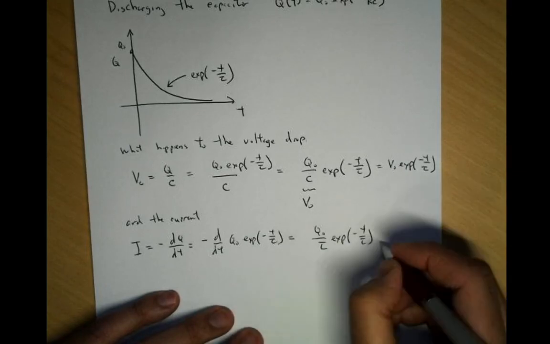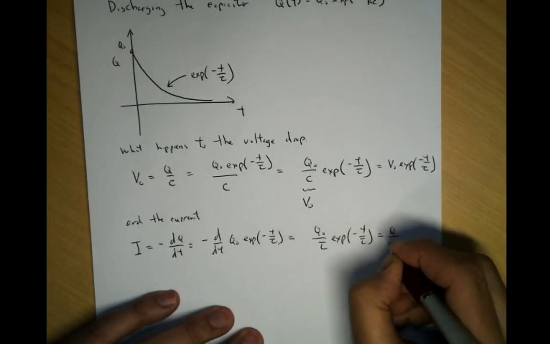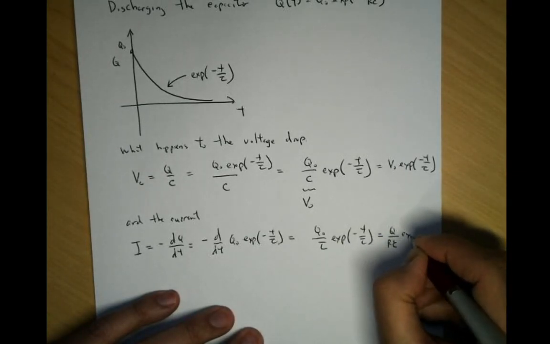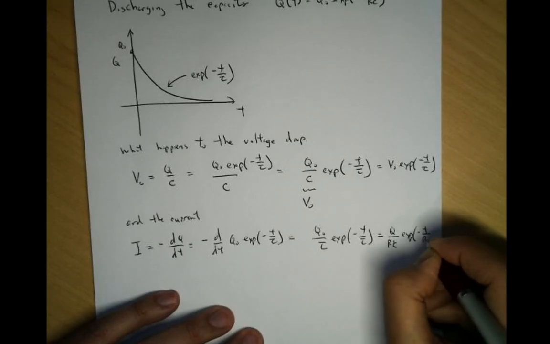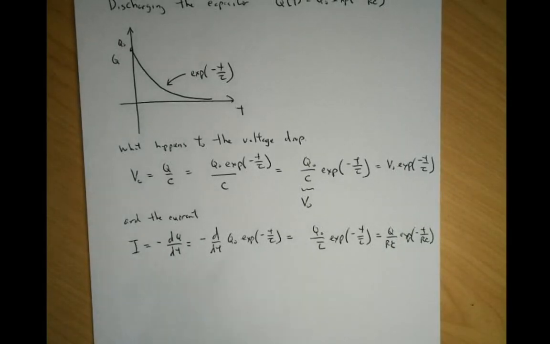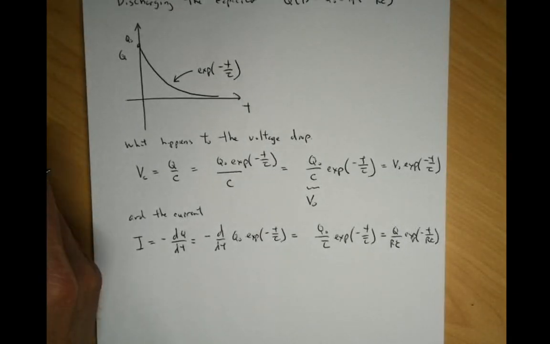Or equivalently, you could write this as Q0 over RC exponent minus t over RC. Two ways of writing it. So that's basically discharging a capacitor.